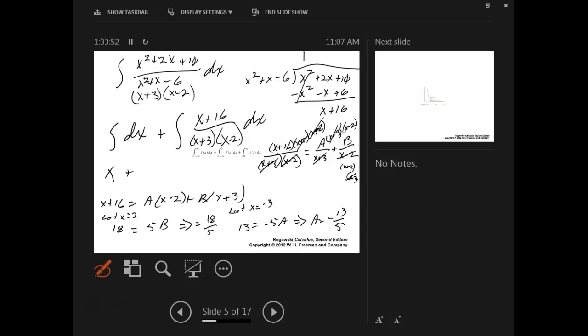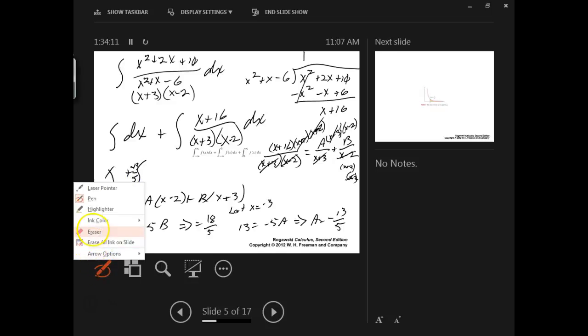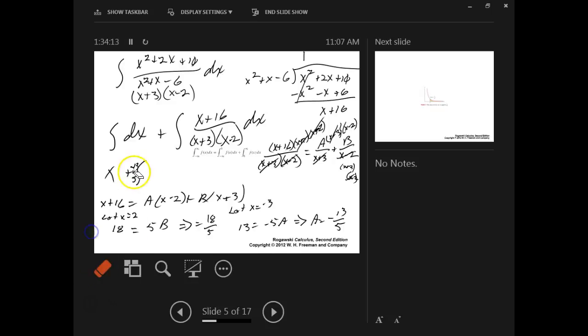Now, that said, this new integral here is going to be -13/5. Okay, let me do some changing here.